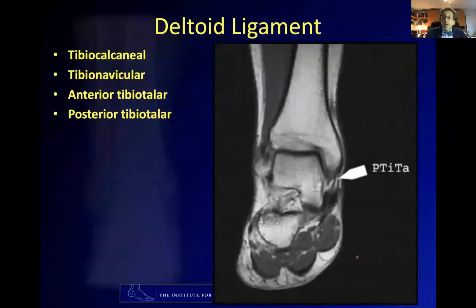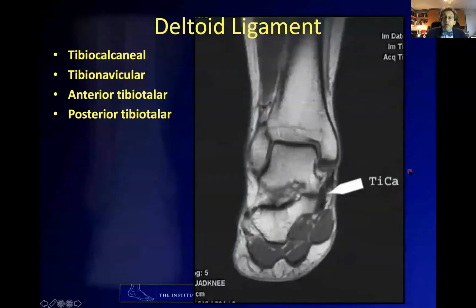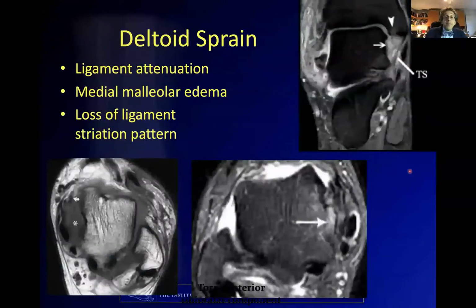And over here we see the more superficial parts of the posterior tibiotalar ligament, the tibiocalcaneal ligament. We can see here ligament attenuation.